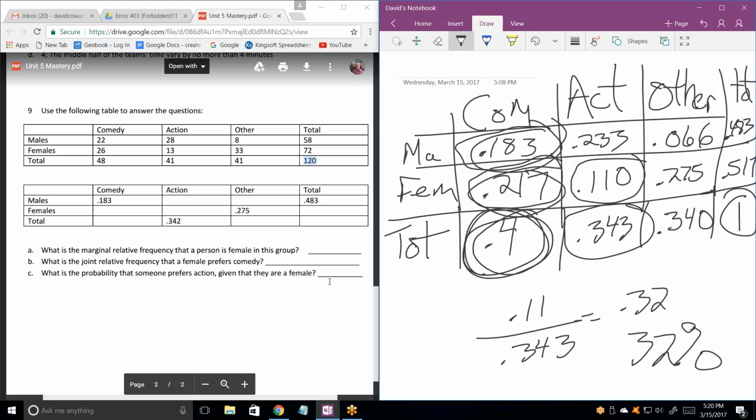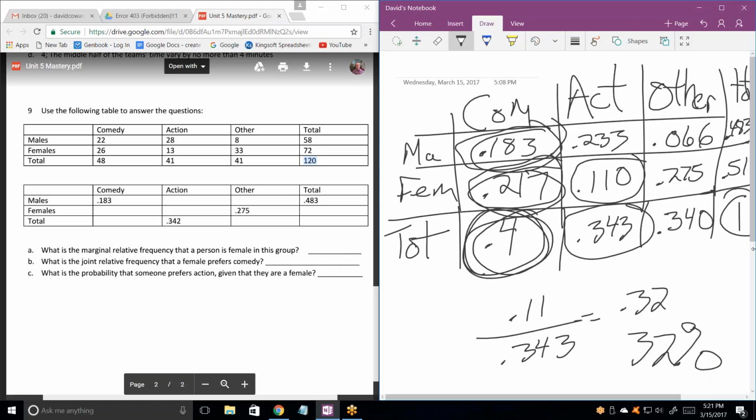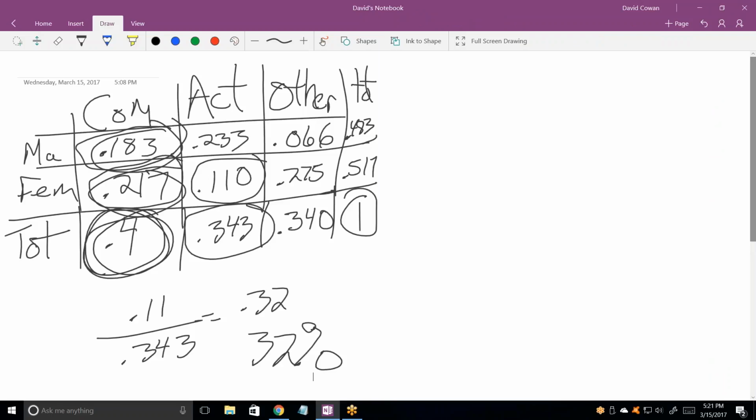You know what? That's not even correct. I think it's 0.110 divided by 0.517. This number over here on the right. In other words, the question states that if you're a female, what's the probability you like action? Well, that's going to be 0.110 divided by this number. It would be 21%.